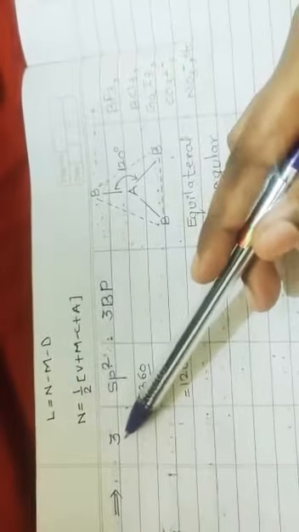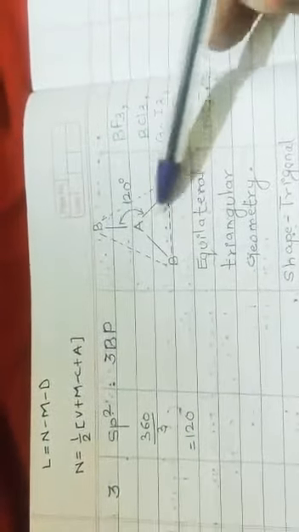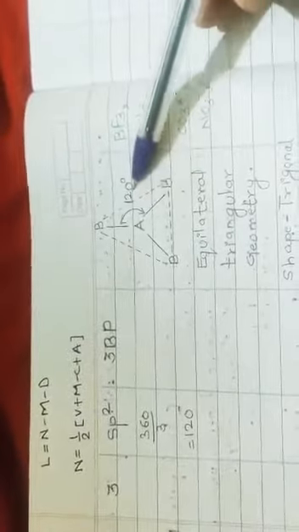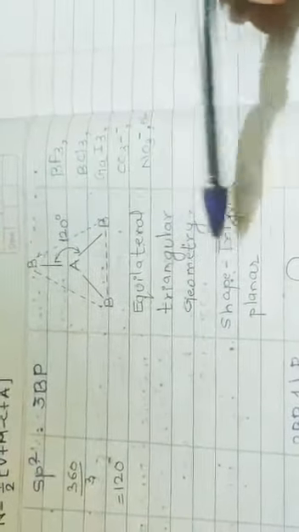First is three bond pairs, that is three bonds. The bond angle comes to 120 degrees. It shows an equilateral triangle geometry, and the shape is trigonal planar because all these atoms are in one plane.